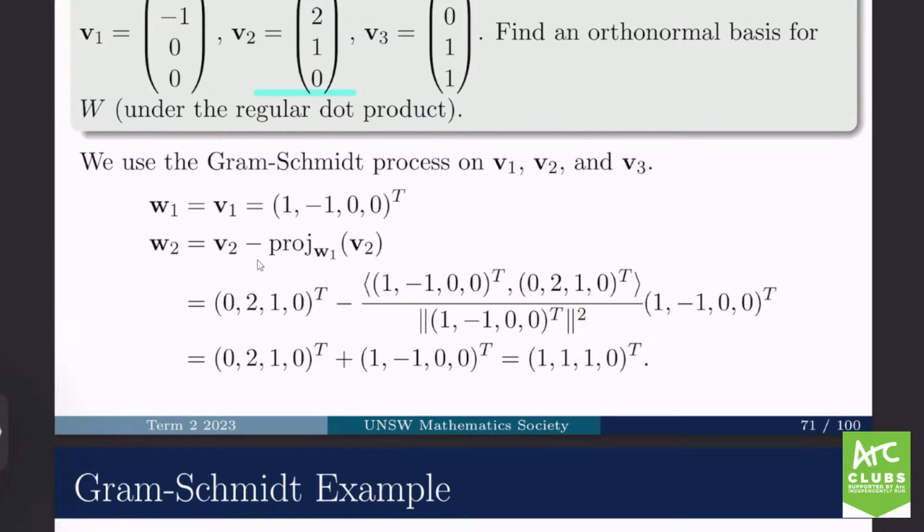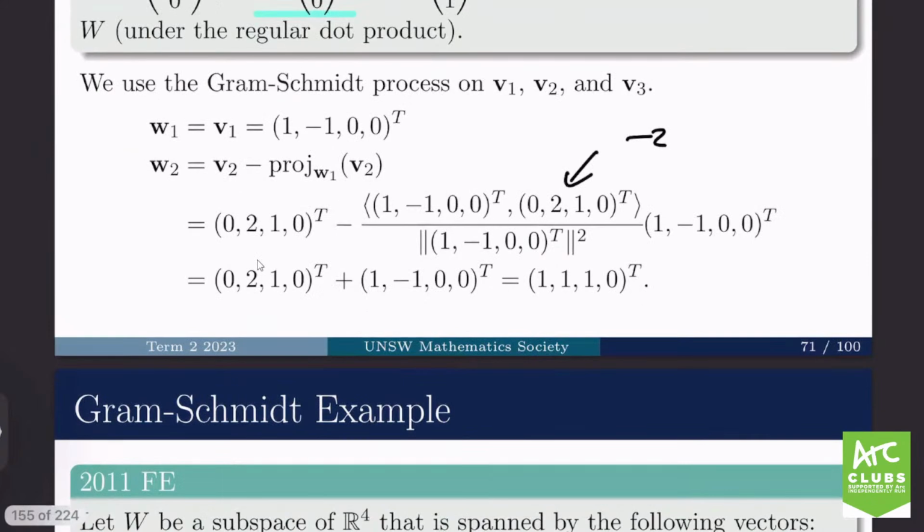For example, this inner product would equal 1 times 0 minus 2, plus 0, 0. So we just get negative 2 out. And this denominator will be the square root of 2 squared. So we'll have just this here, and our second vector will be (1, 1, 1, 0) transpose.